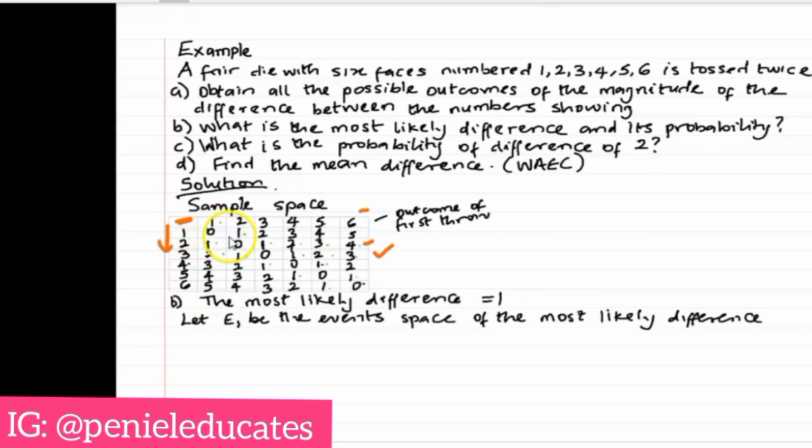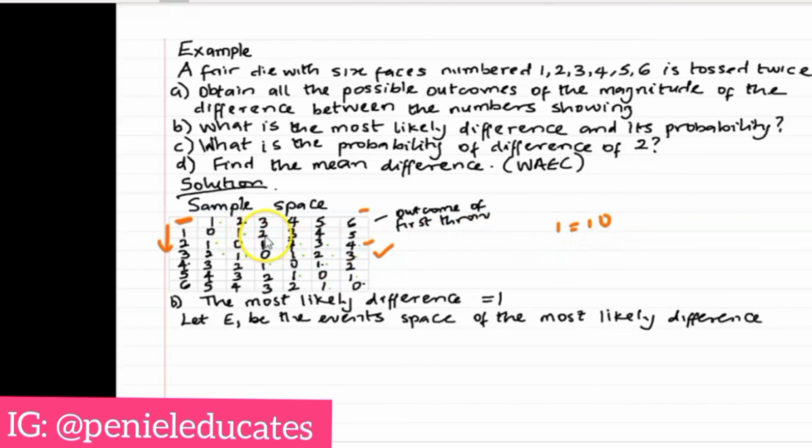Okay, what is the most likely difference? We have this 1, this is 2, 3, 4, 5, 6, 7, 8, 9, and 10. Which is the most likely difference between the two? So the 1 can occur 10 times. Let's look at the other ones.